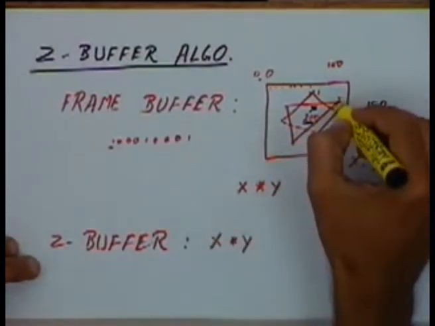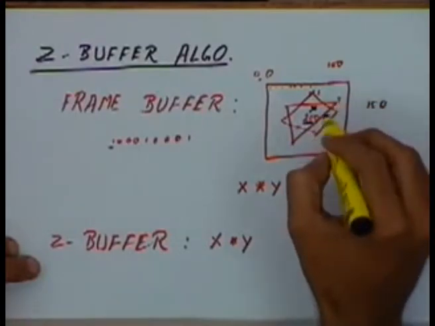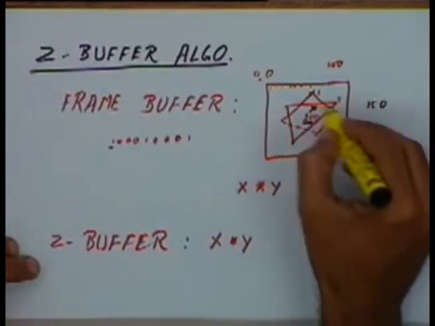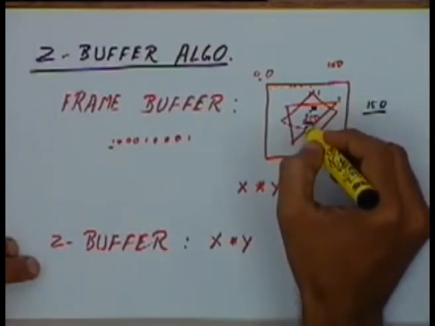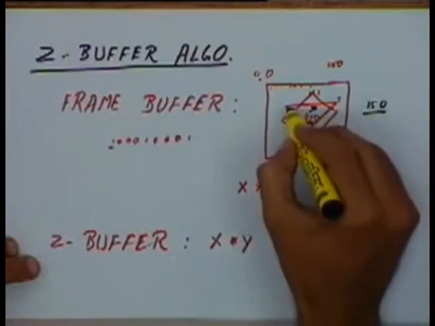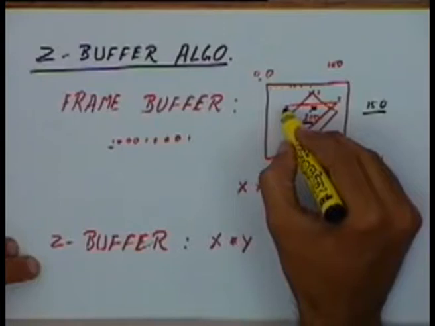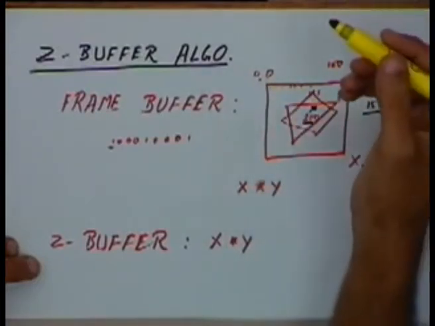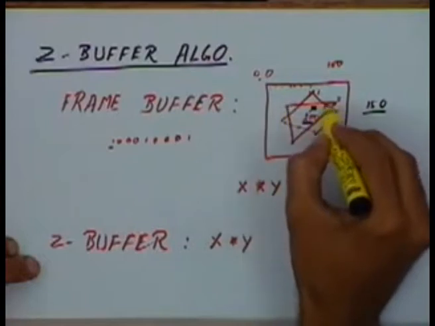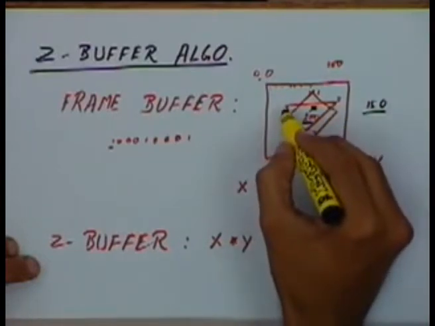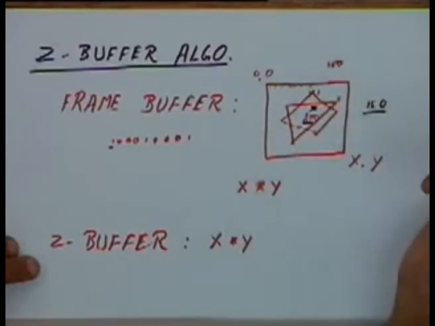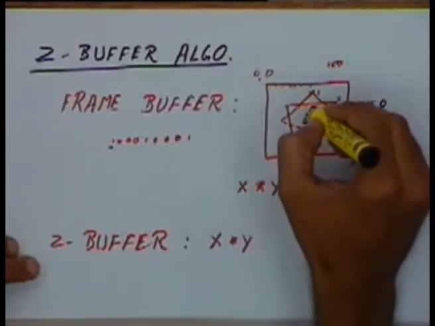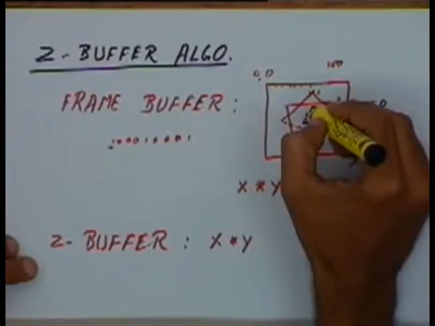While displaying polygon number 2, we'll compare the depth of this pixel, that is 150, with the depth which is available in the Z buffer. Where do you store 150? See, 150 is the depth of this polygon, which we are trying to display. When I am trying to display this polygon, I know the equation of the plane, so I can calculate the depth at each and every point.